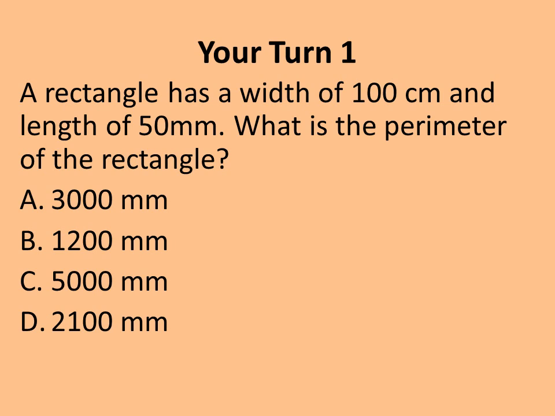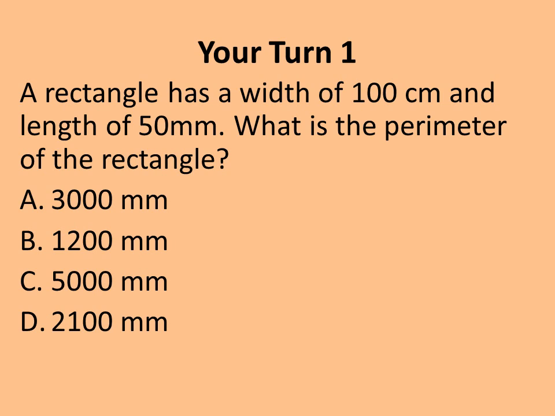A rectangle has a width of 100 centimeters and a length of 50 millimeters. What is the perimeter of the rectangle? Now when you go to do this, it's going to be just like number 1 that I helped you with, and you'll notice it's set up and you have to show all your work.